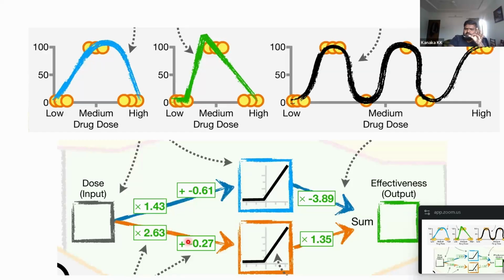Here we do the same thing: multiply weights, add bias, and feed into the activation function. Finally we sum the blue perceptron output and the orange perceptron output, and we get the effectiveness.